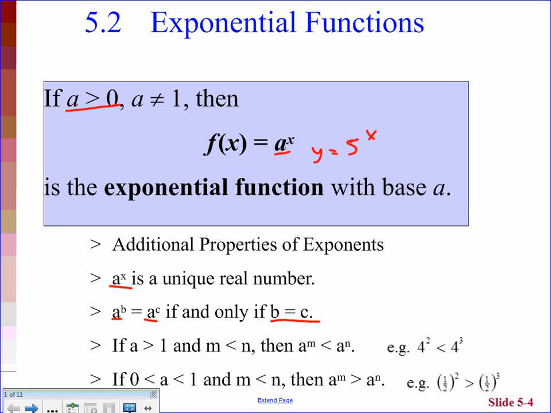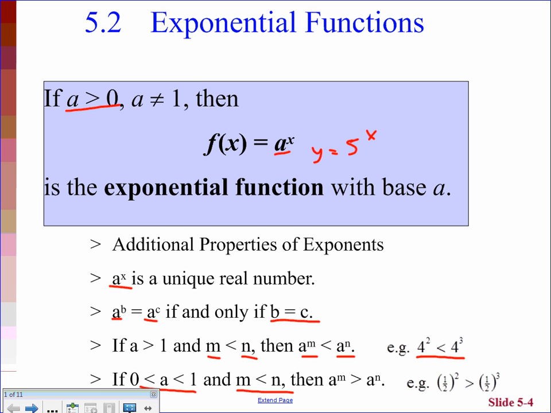And then we're talking about the exponents here, m and n. M is less than n, is the way that reads. Then the values are going to be less than each other. And they give an example over here, 4 to the second power is less than 4 to the third power, which makes sense. But the other thing that sometimes doesn't make sense, if a is between 0 and 1, a fraction, a decimal number between 0 and 1, then with the same exponents, m less than n, we get the opposite effect.